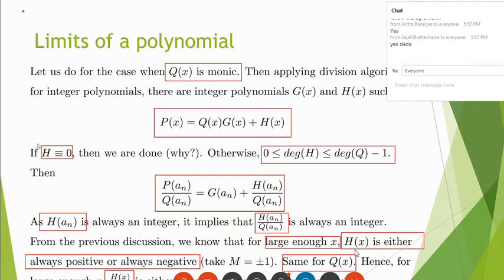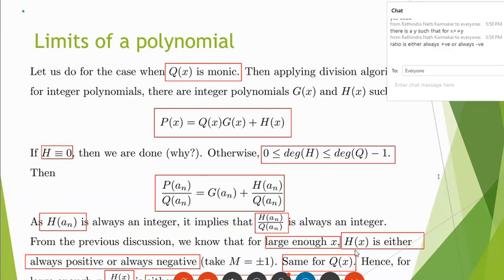So do you understand this last statement? That is, if I want to state it rigorously, there is a y such that for x greater than or equal to y, the ratio is either always positive or always negative.